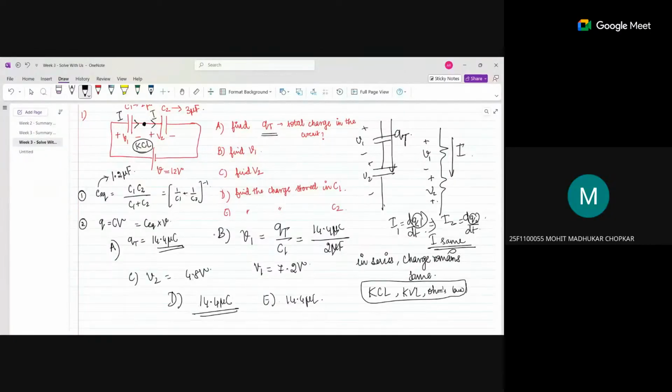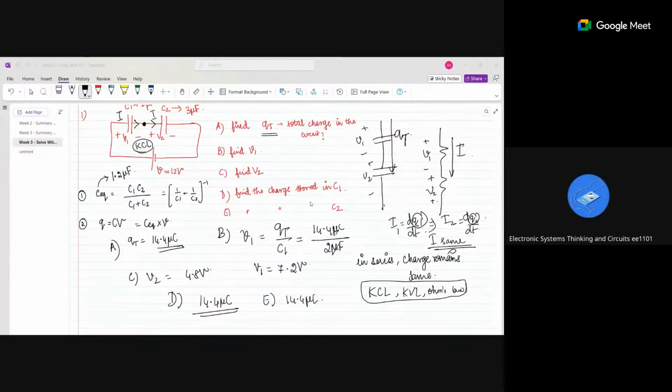Ma'am, I did not use KVL so much, so I did not have practice with KVL and KCL. I just used superposition, and when there are so many batteries or resistors, I am unable to solve it.